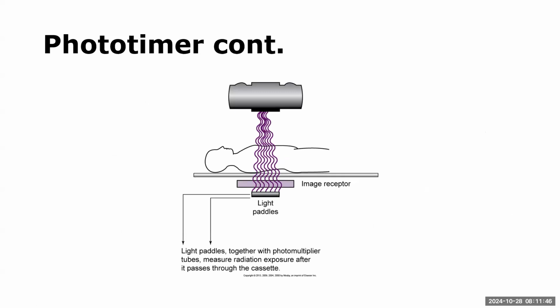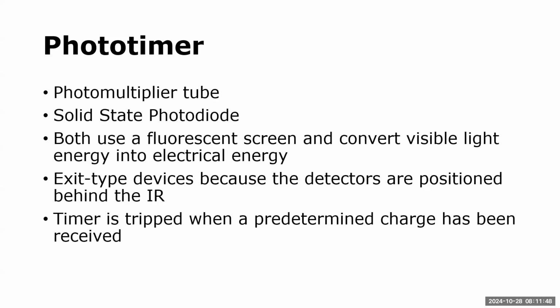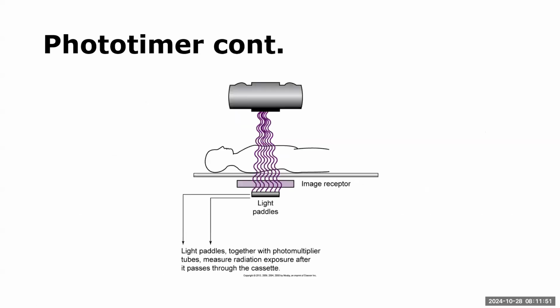So while we call this an exit type of device, it is because it is measuring what makes it through not only the patient, but what makes it through the IR. Okay, so there's still going to be radiation that actually makes it through the IR and then will expose these light paddles.